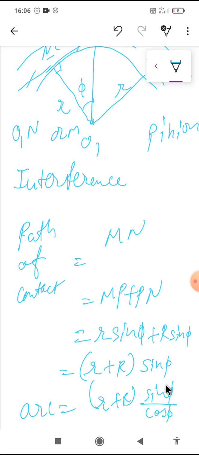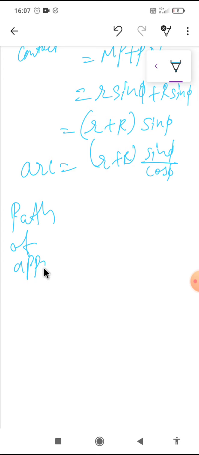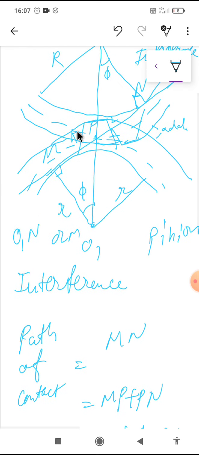In case the addenda on pinion and wheel are such that the path of approach and path of recess are half of the maximum possible values, suppose this is the path of approach KP, and the path of recess will be PL.